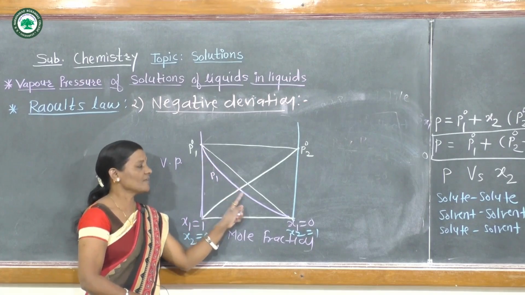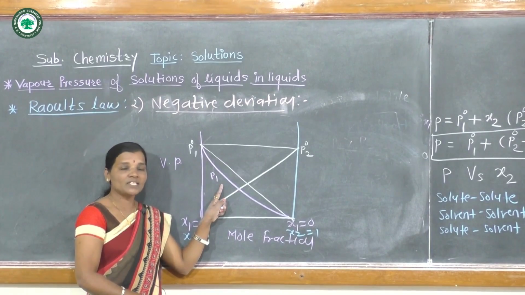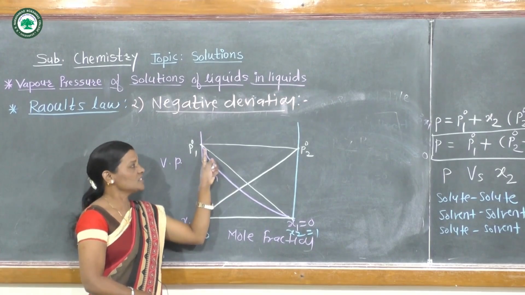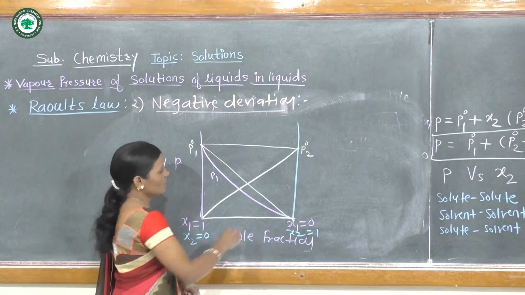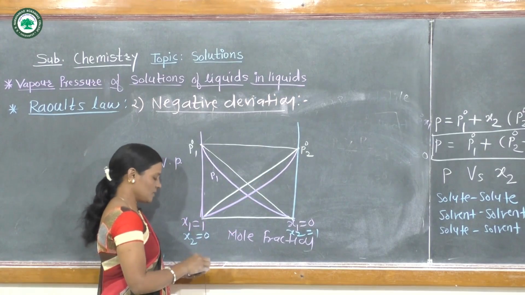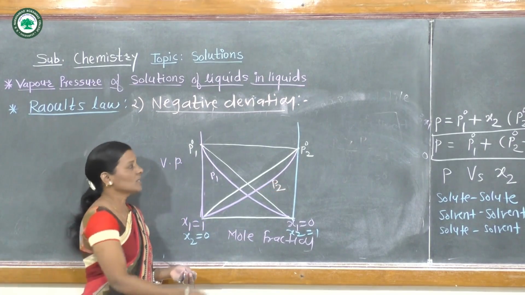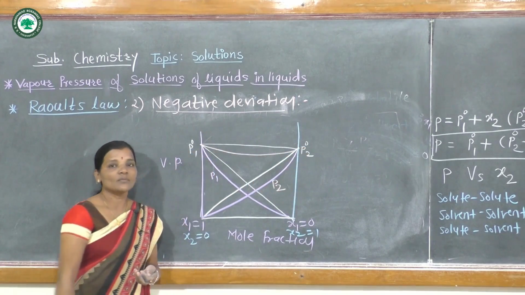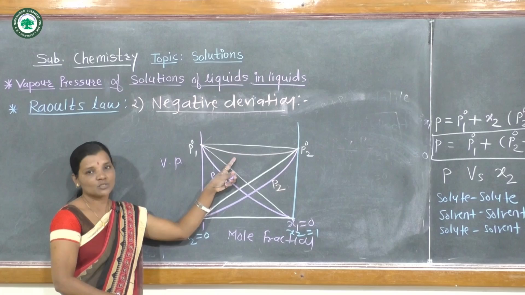This curve is for the first component in the solution, which is a non-ideal solution showing negative deviation. This straight line is expected for the ideal solution. Now we get a curve for the second volatile component. This curve is for the partial pressure of the second volatile component, and for the total pressure we get the curve which lies exactly below the straight line expected for ideal solutions.